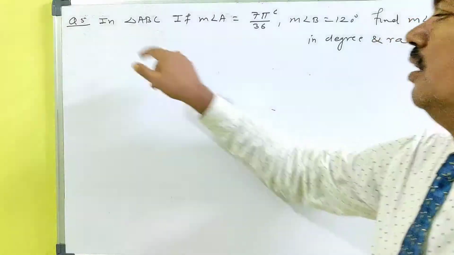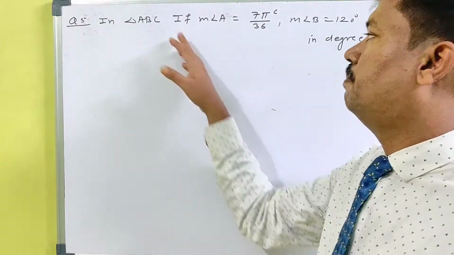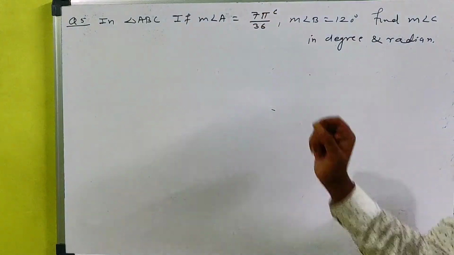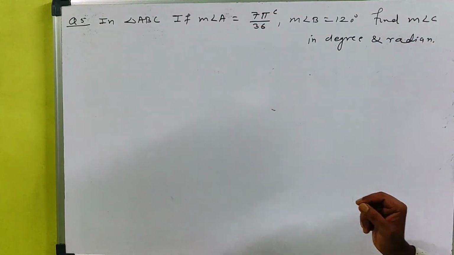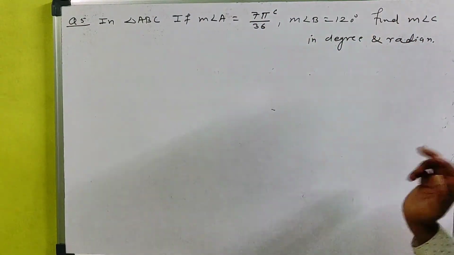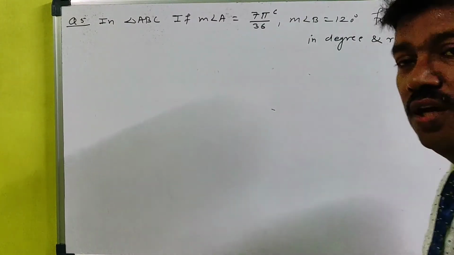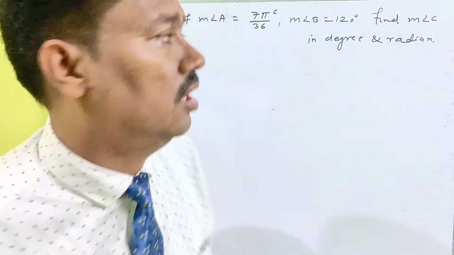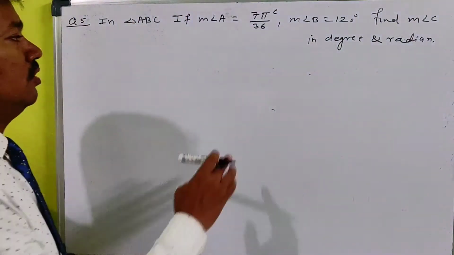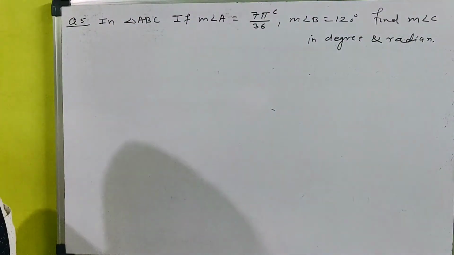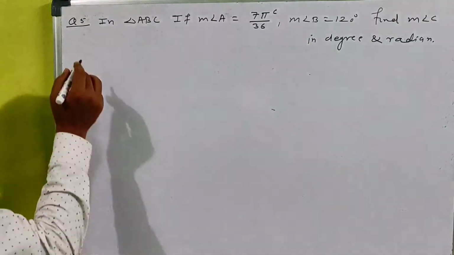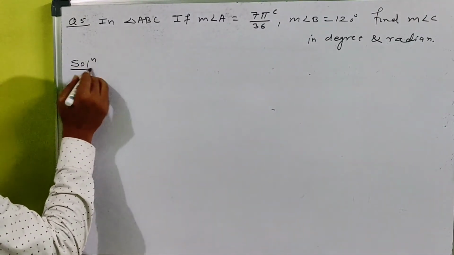Question number 5. In triangle ABC, if measure angle A is 7 pi upon 36 radian and measure angle B is given as 120 degree, what is the measure of angle C in degree as well as in radian? That's the question. So आप कैसे solve करेंगे? First of all, you convert the given radian angle into degree. So now, solution.